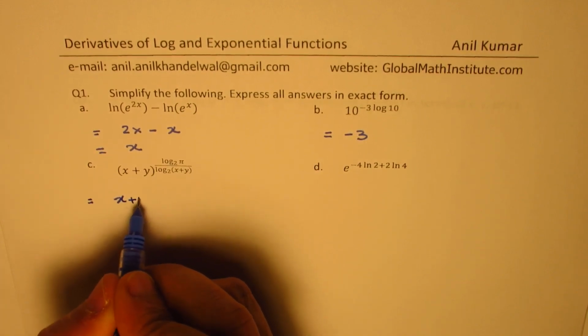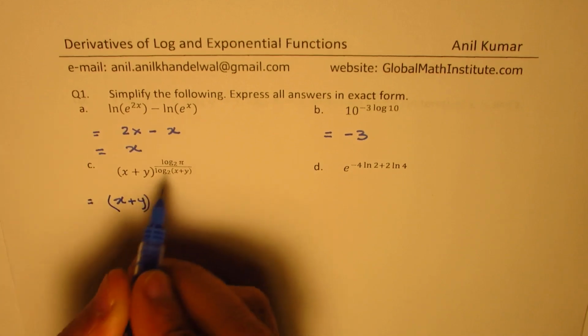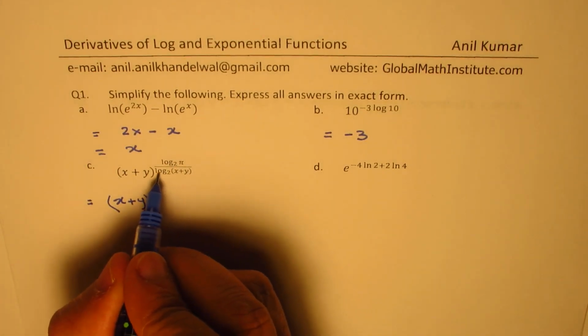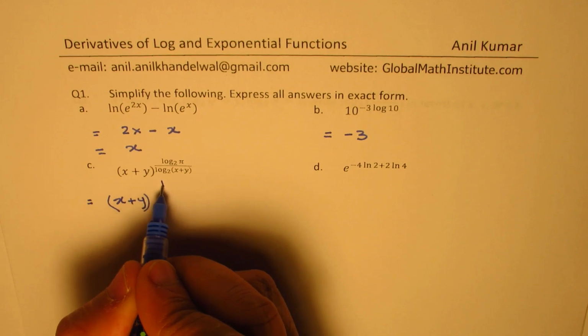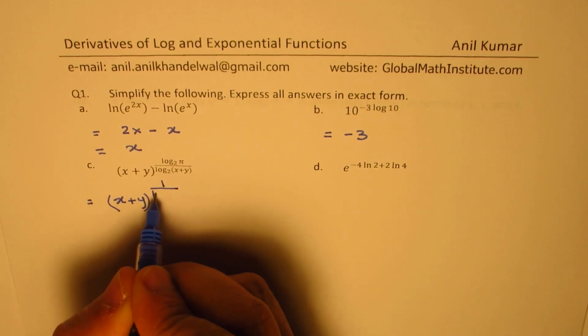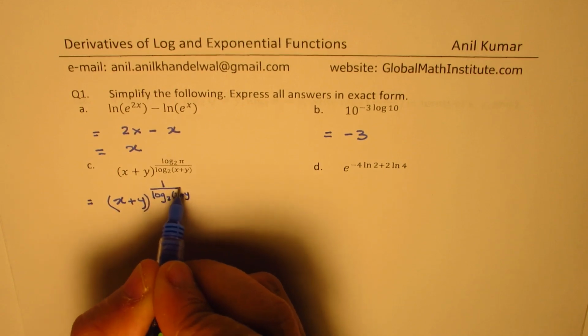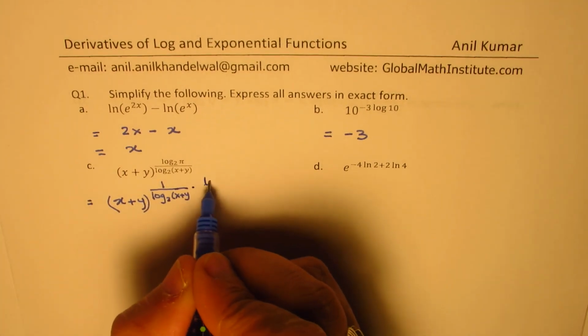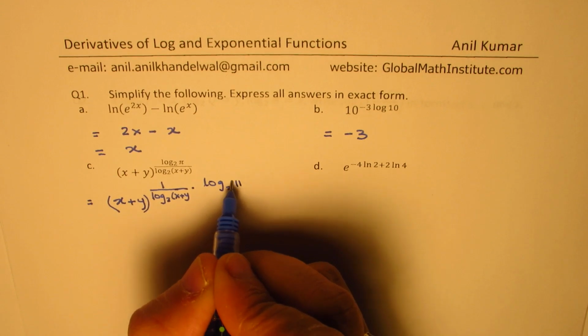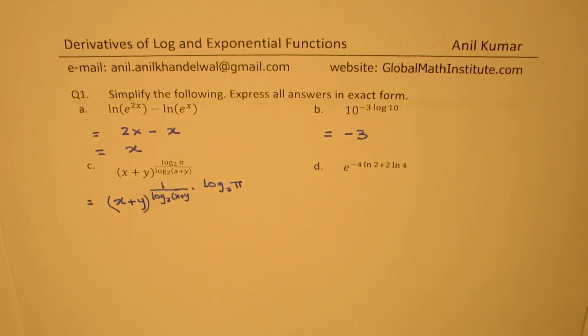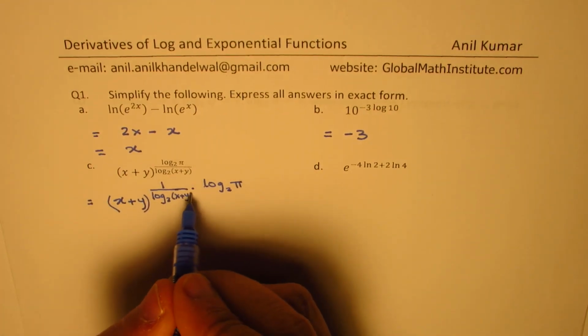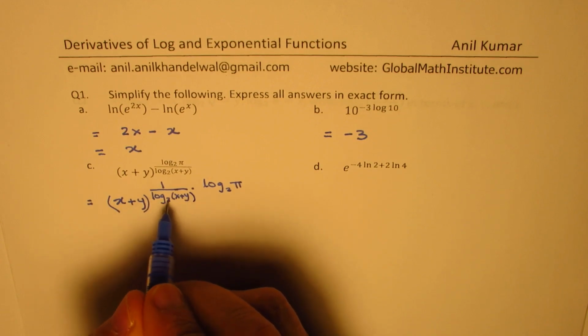So this is x plus y, and the power here is 1 over log to the base 2 of x plus y, times log to the base 2 of pi. As soon as you write it in this fashion, you can see that this is kind of a reciprocal.